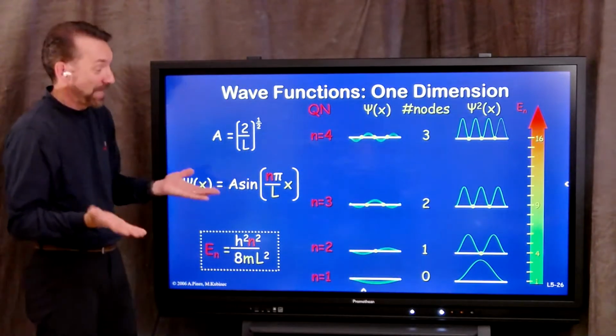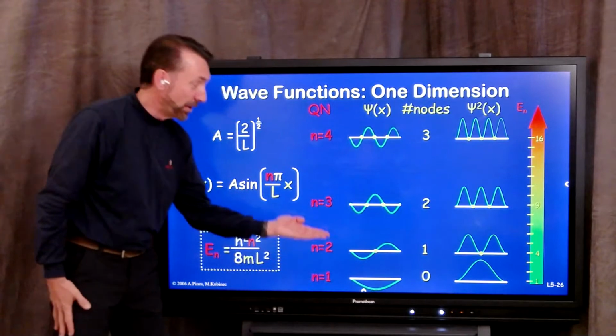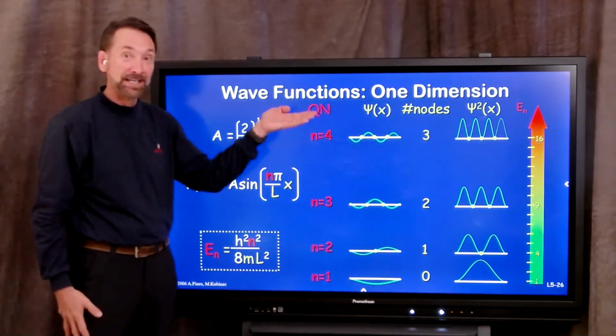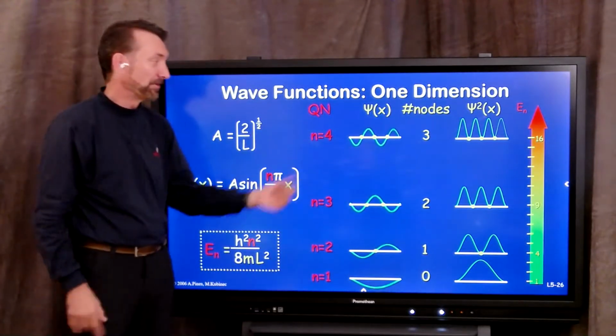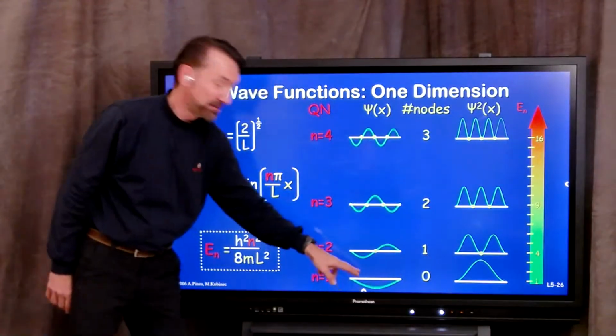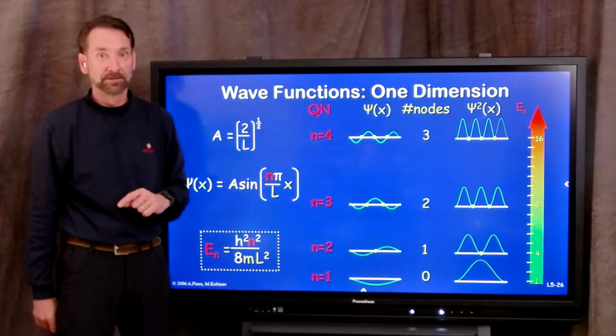And you can already see a pattern there that the number of nodes, the number of crossings, is linearly related to the quantum number. In fact, it's just the quantum number minus 1. So n minus 1 tells me how many nodes are there.